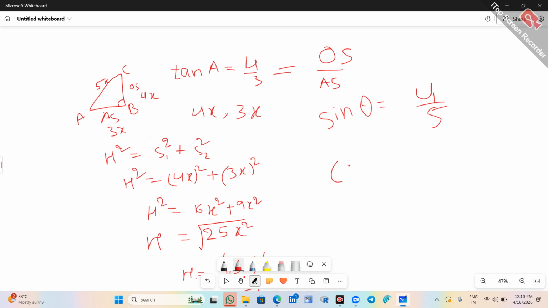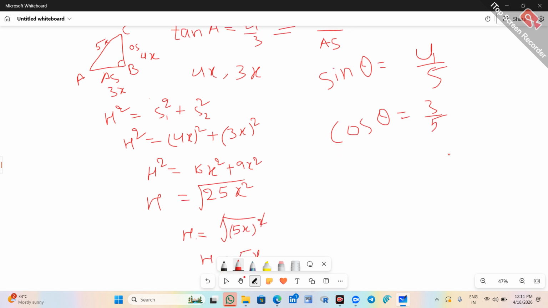Next, cos theta will be adjacent side over hypotenuse, 3/5. These are the three ratios.